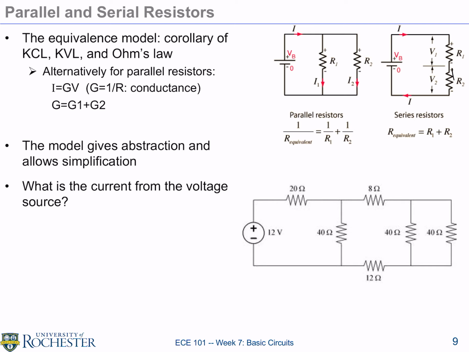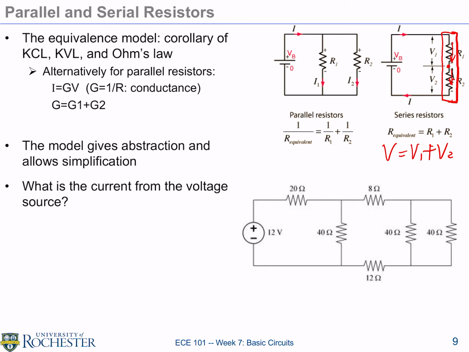So let's say series resistors. Why? Well, if we look at these 2 resistors and treat them as one single resistor, what is the voltage across them? Because they're connected in series, V is V1 plus V2. And what is the law that we apply here? Look at this node over here. The current that comes into this node is the same as the current that goes out of this node.